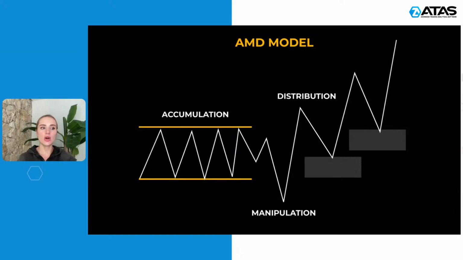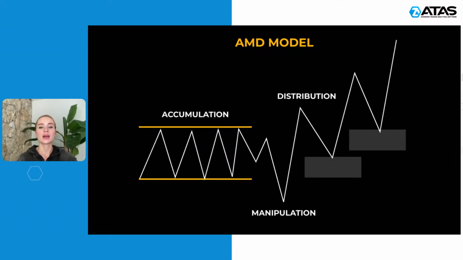Okay, so the bottom line for auction market theory 2.0 and the base of the MDA model is that the market is an auction in which price moves in balance zones, which are temporary agreements between buyers and sellers, into impulses, accumulation, distribution, and manipulation to create a new trend.